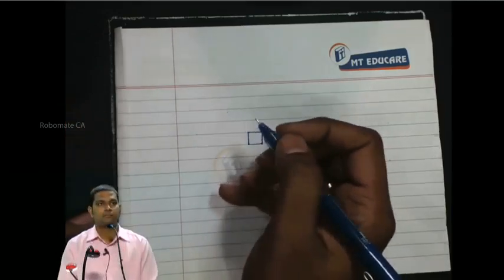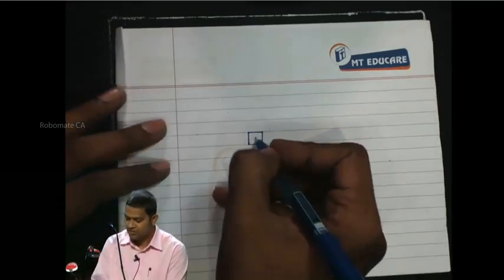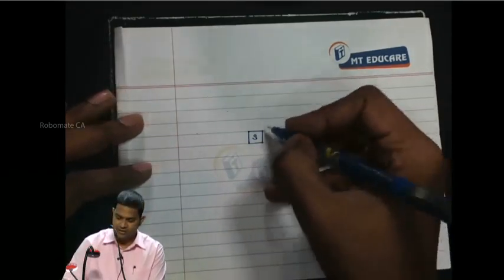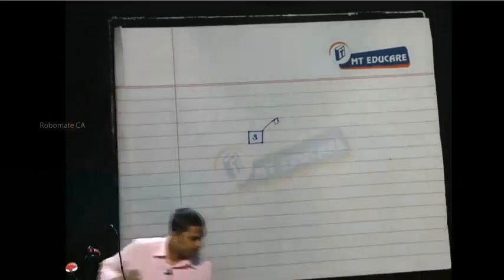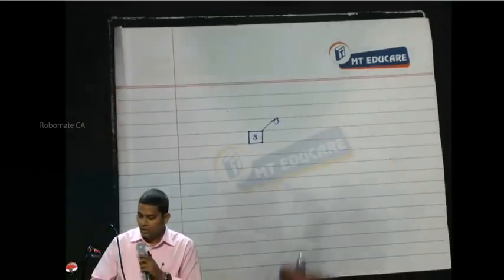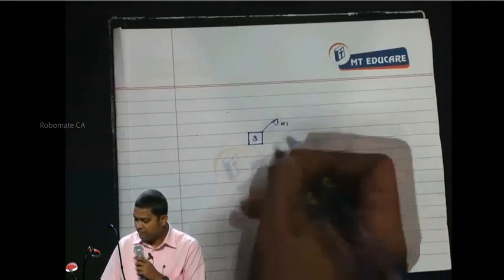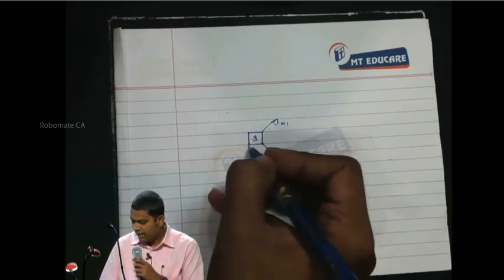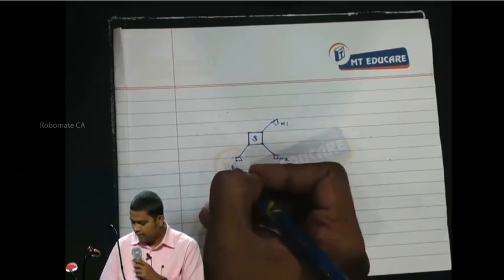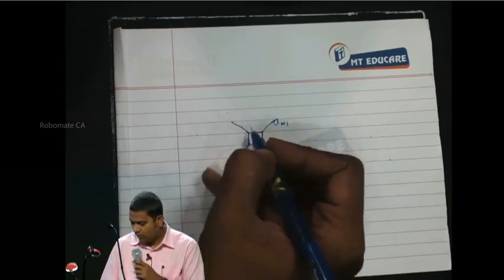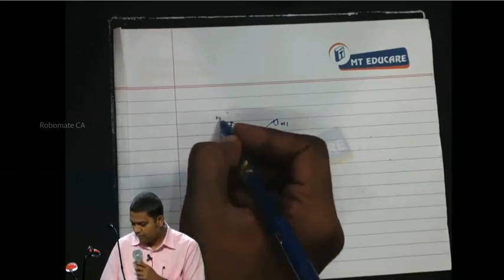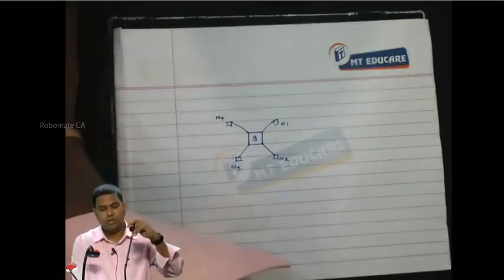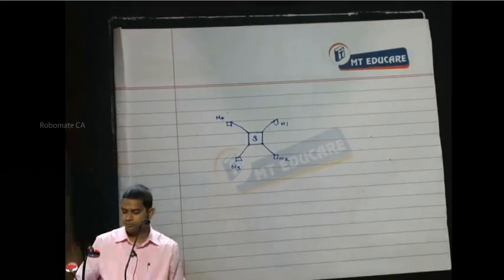Let's say we have a server, and there are various nodes connected with this server, for example N1, N2, N3 and one more, N4.